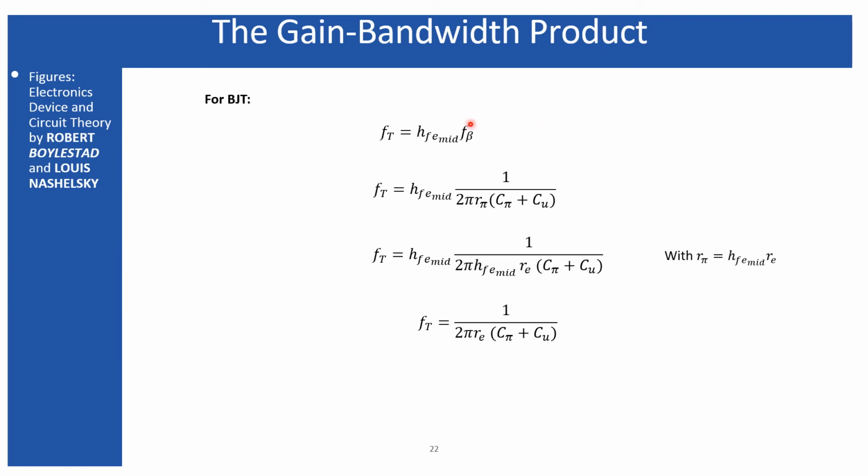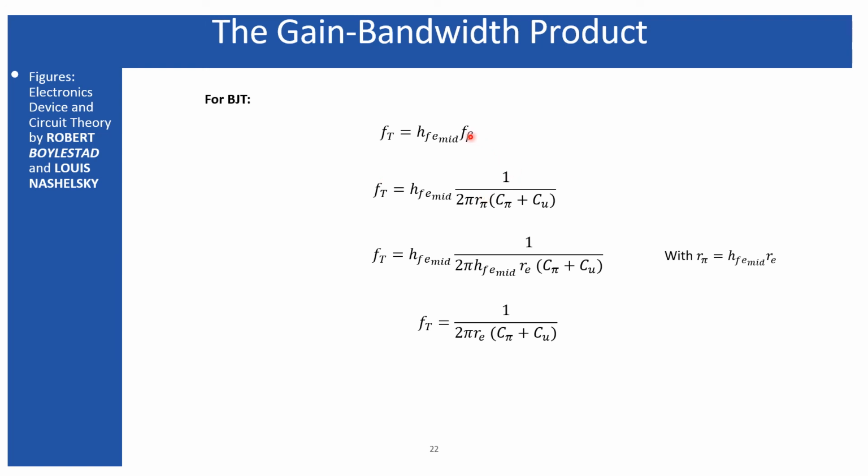So that is why I am considering F beta over here. This is defining our bandwidth, and HFE mid is the corresponding gain. When I'm taking the product of them, that product always will be equal to the unity gain bandwidth ft, because the gain bandwidth product is constant.